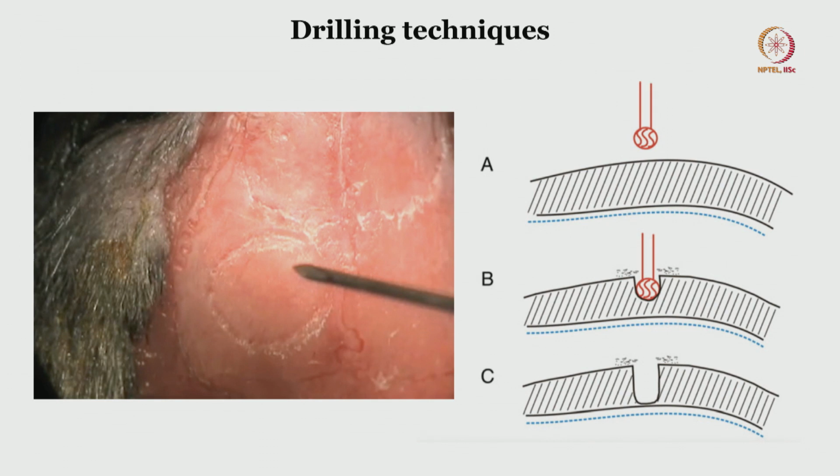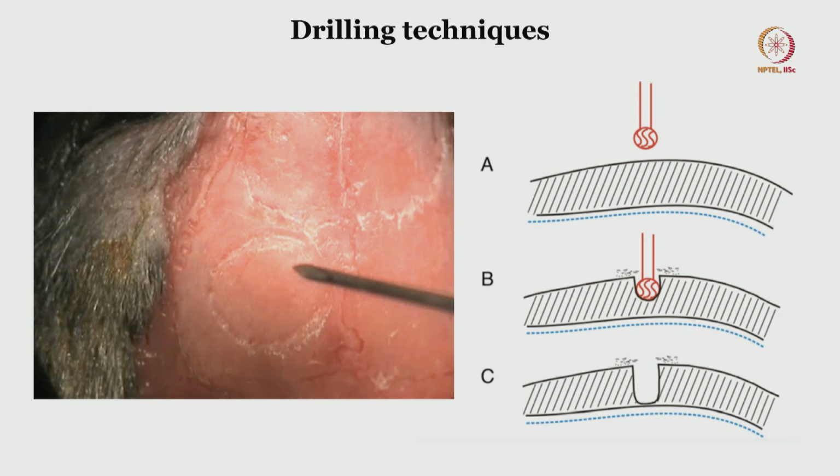That's very, very important to understand. Either you can go straight perpendicular down onto the skull, or the preferred technique is to use it in a slightly slanted position, where you can see the tip of the drill bit and how it comes in contact with the skull.